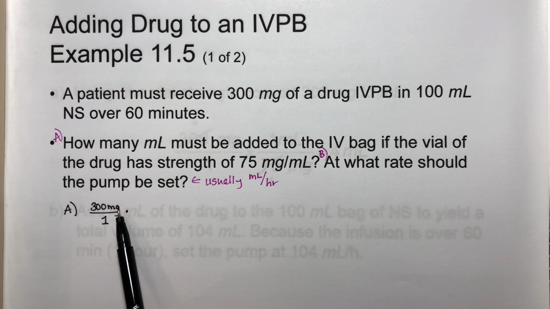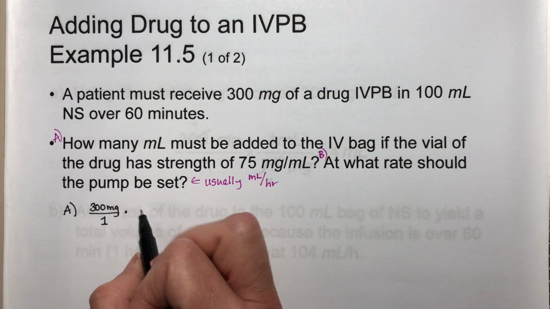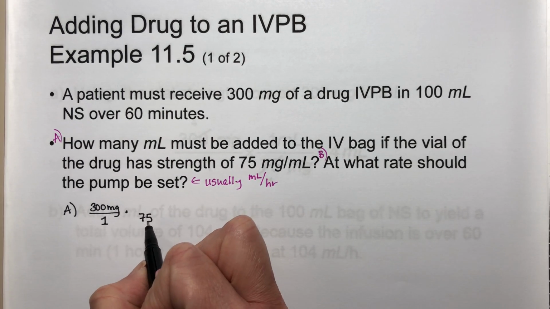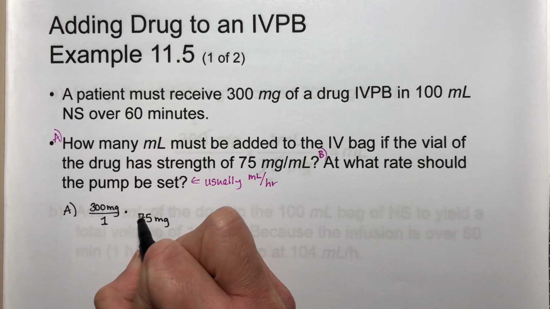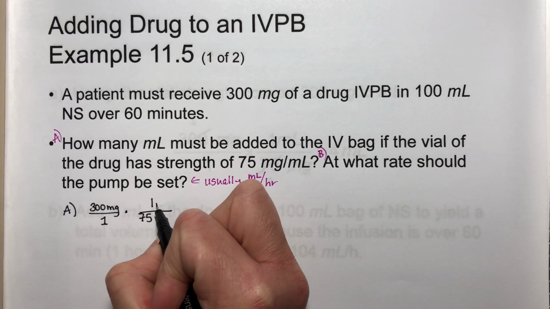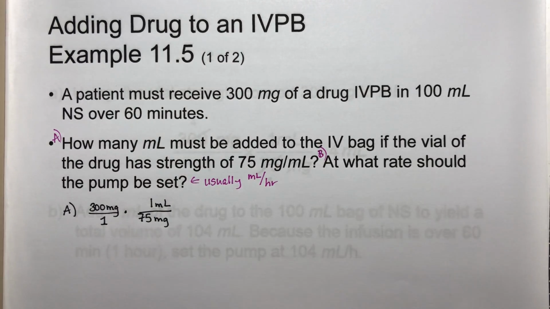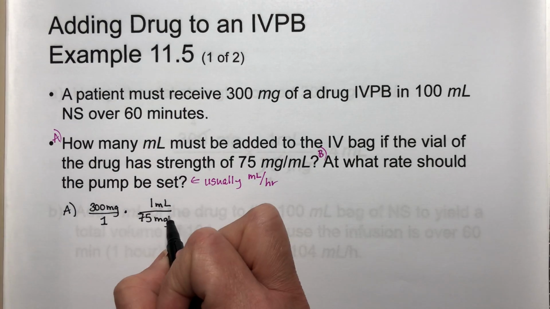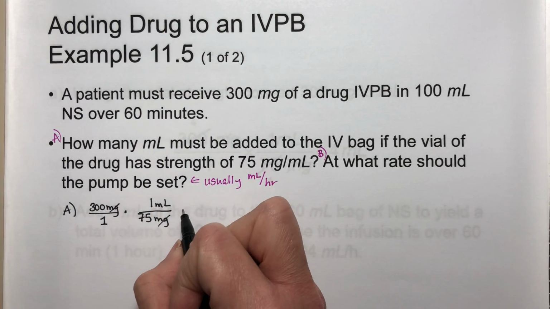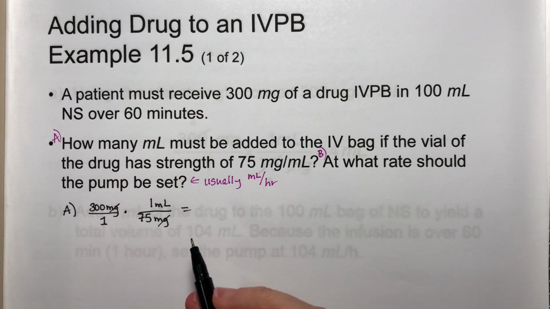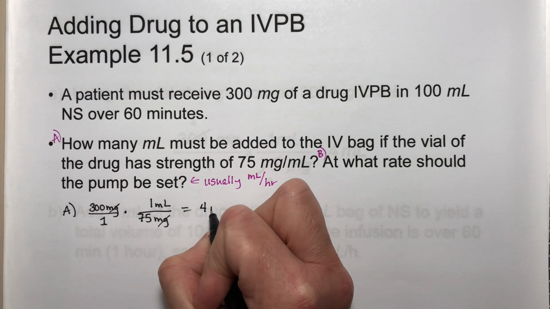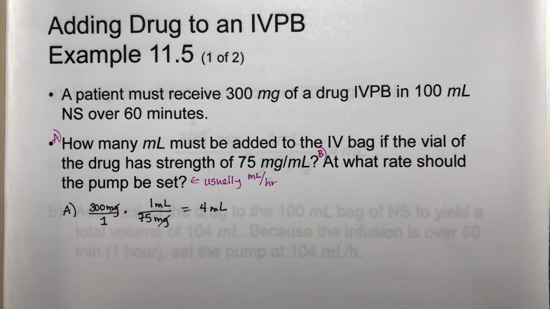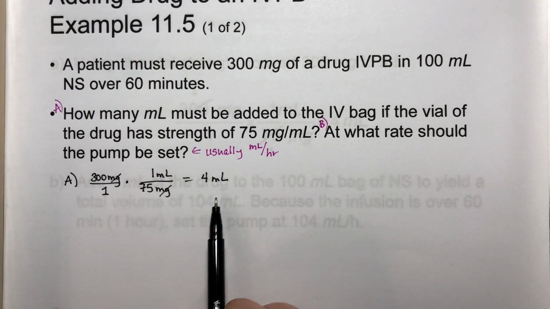I want to cancel out the milligrams, so I'm going to put 75 in the bottom to 1 milliliter. Now my milligrams cancel out and I get 300 over 75, which is 4. So I'm supposed to administer a total of 4 milliliters of this drug. That's what I'm supposed to be adding to the bag. So this is the answer to part A.